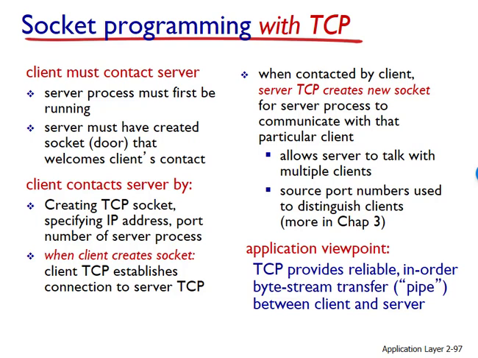TCP then provides a reliable service between the client and server processes. Also, the client process not only sends bytes into, but also receives bytes from its socket. Similarly, the server process not only receives bytes from, but also sends bytes into its connection socket.